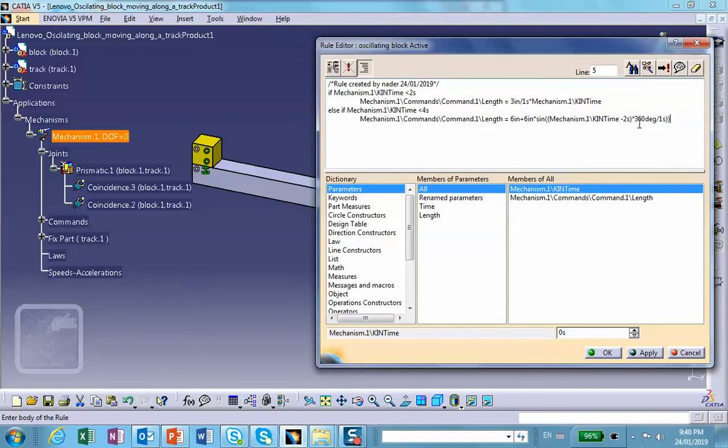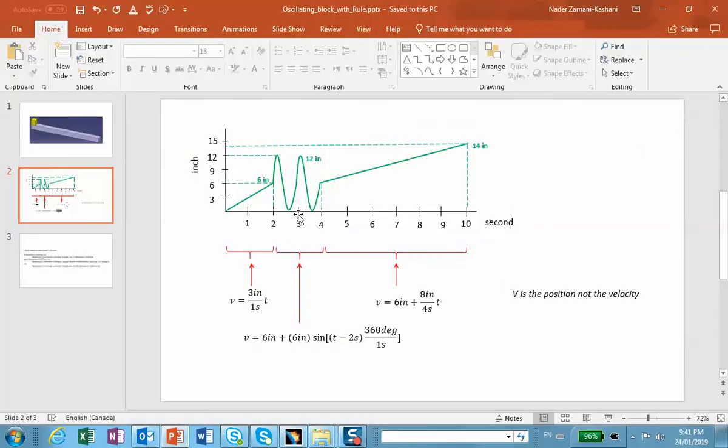Now, if you wonder where this 360 over 1 second comes from, keep in mind that the oscillation formula is sine omega t. Of course, t is the time, which is the first term, and omega is 2 pi over the period. Sorry, if you look at the graph, the period of each of these sines is 1 second.